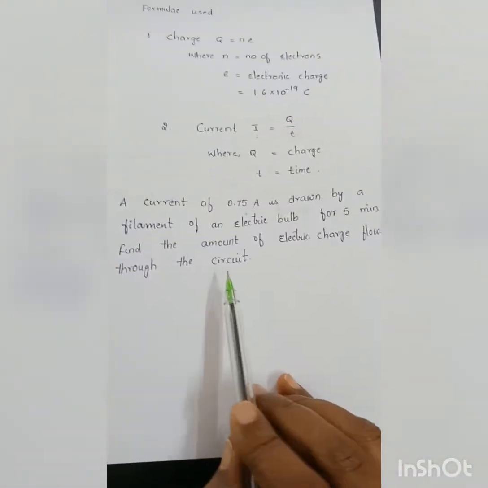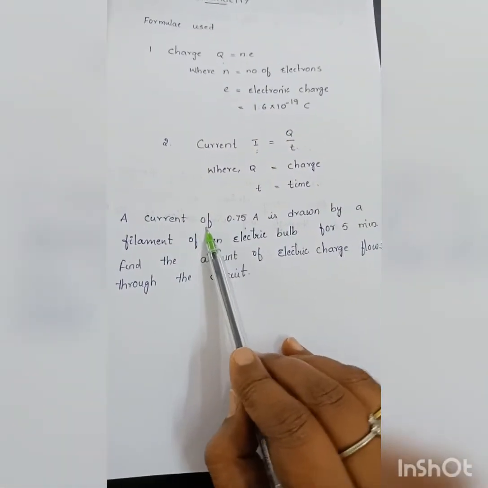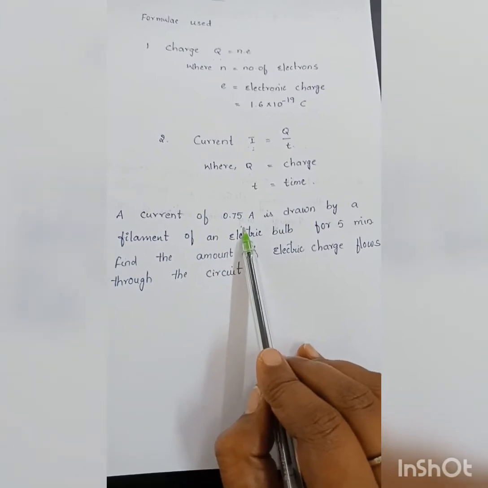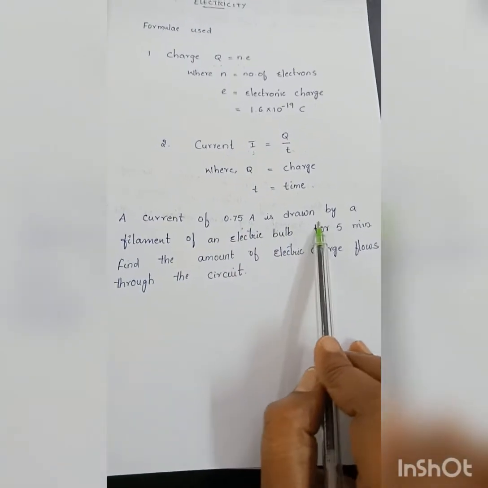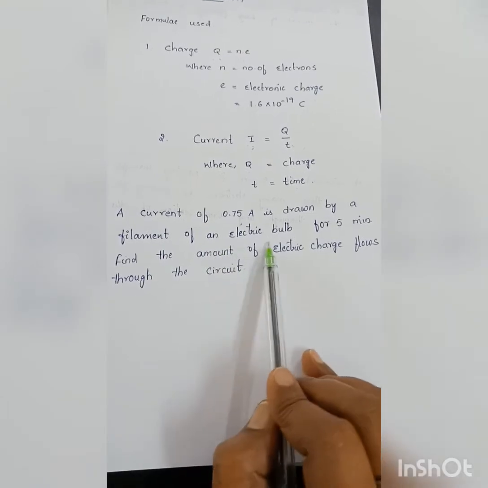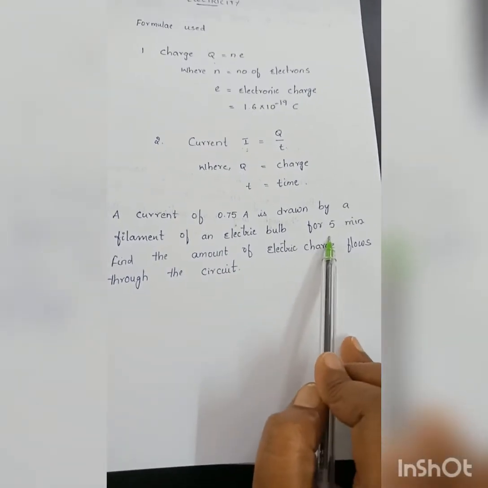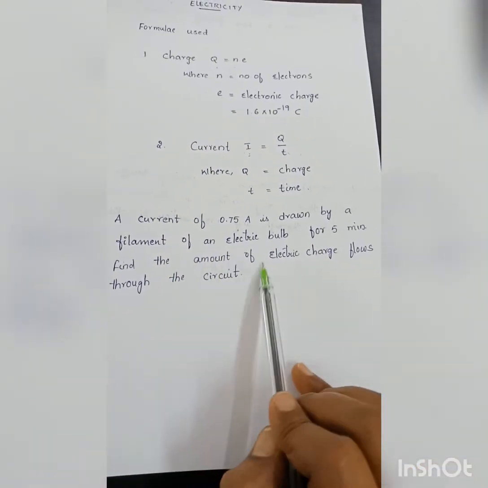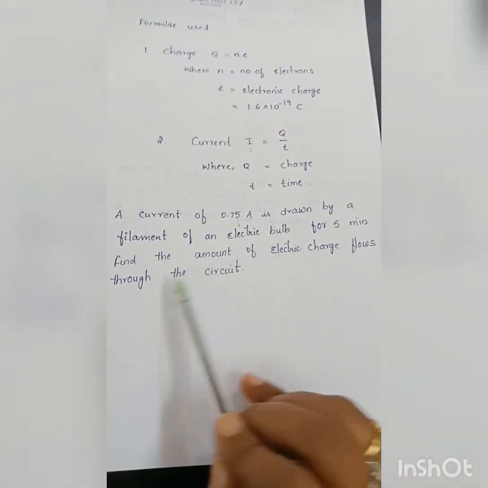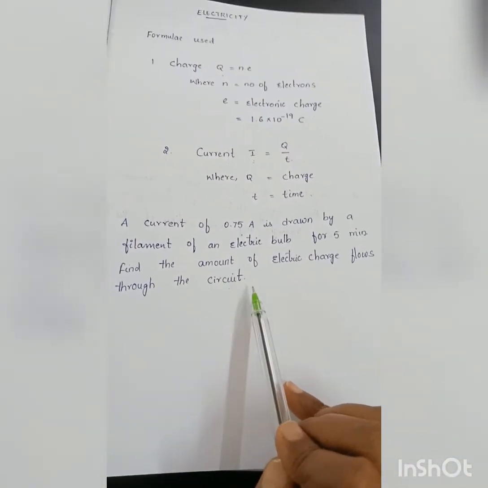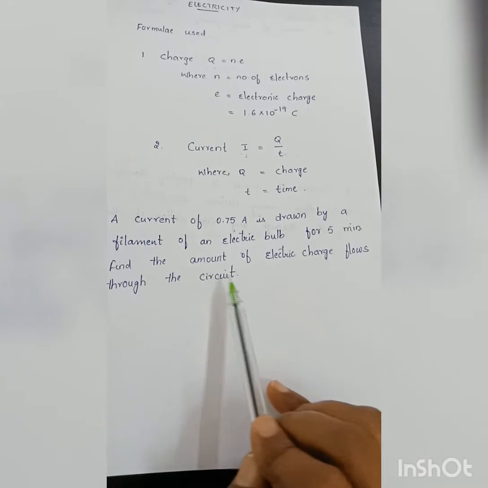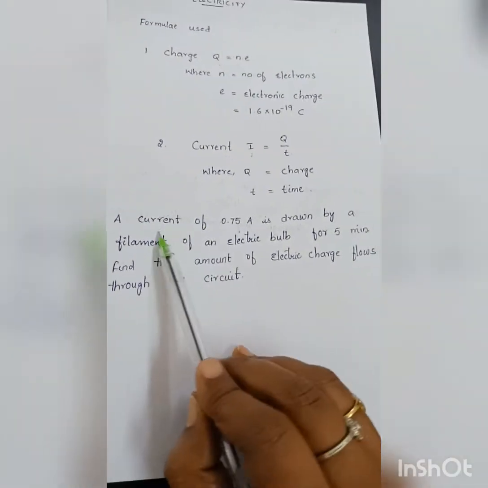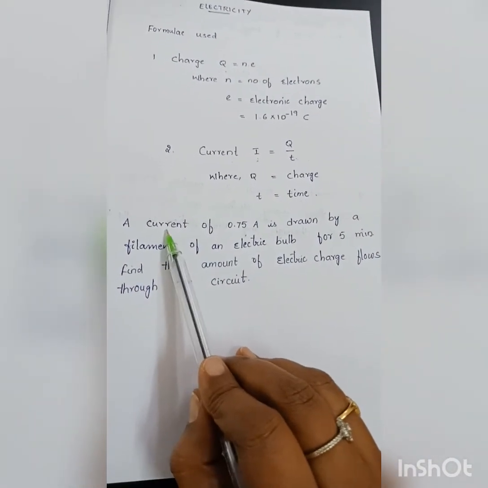Now come to the first problem. A current of 0.75 amperes is drawn by a filament of an electric bulb for 5 minutes. Find the amount of electric charge that flows through the circuit. Here, what was given?